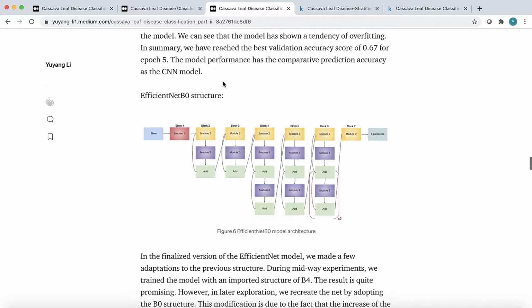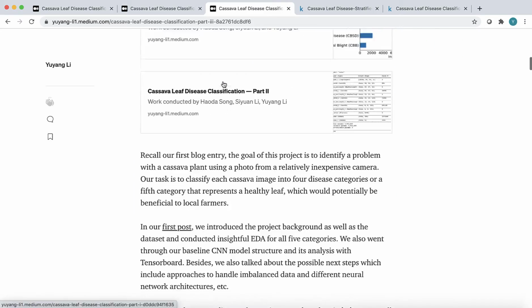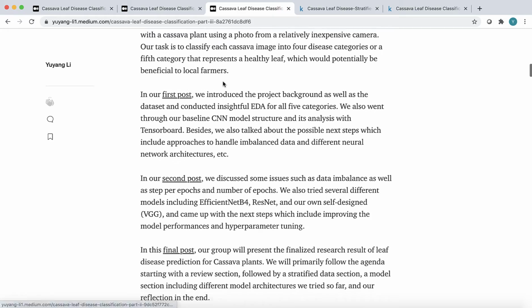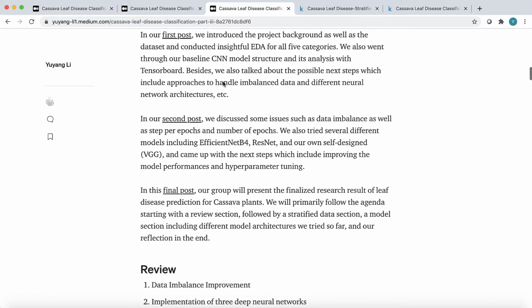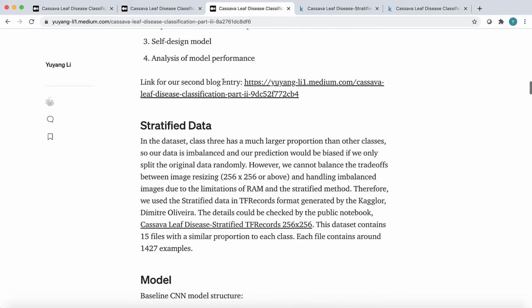So in our final blog here, as I said previously, we know that class 3 has a much larger proportion than other classes, so the data is imbalanced, and our prediction would be biased if we only split the original data randomly.